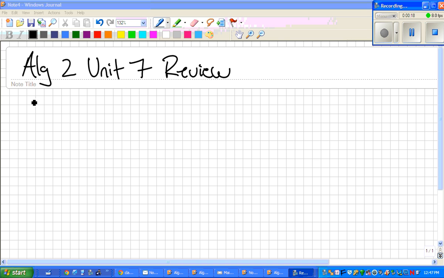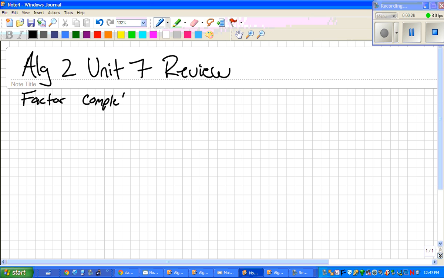Alright, now, the first set of directions say to factor completely. Now, notice that it's just saying factor. It doesn't say to solve or to do any of that. So, the only thing we're going to have to do is to factor.